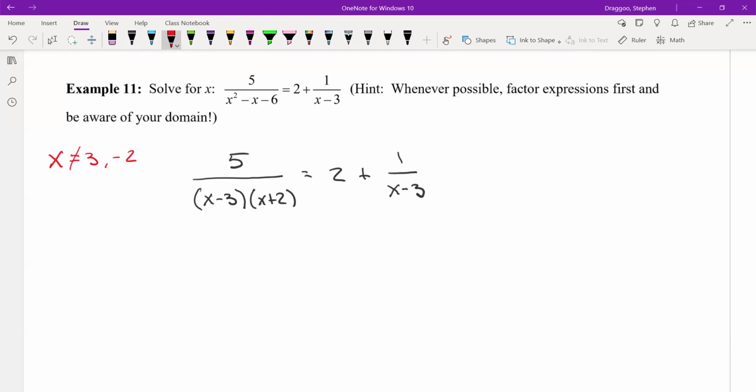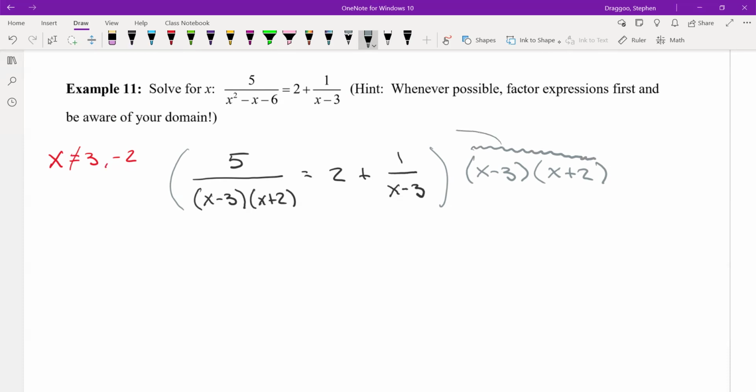I need to multiply this entire thing by that least common denominator, x minus 3 times x plus 2. And that whole chunk needs to go to all three pieces.